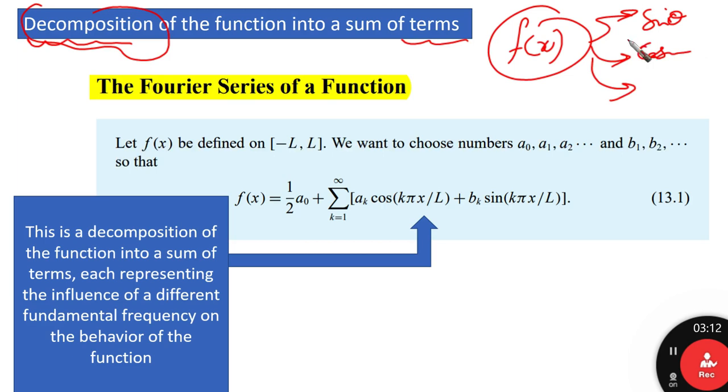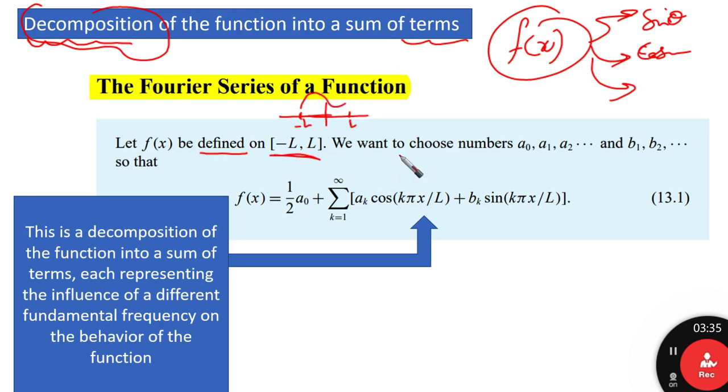So the Fourier series of a function, we can define like this. Let f of x be defined on the interval from minus L to L. We want any function here.